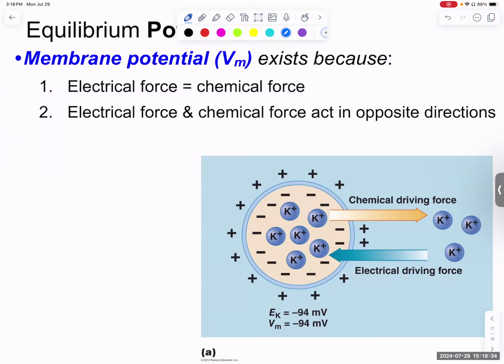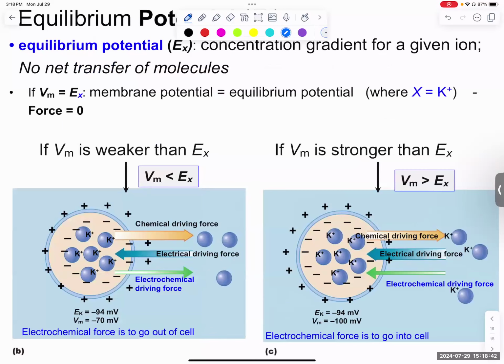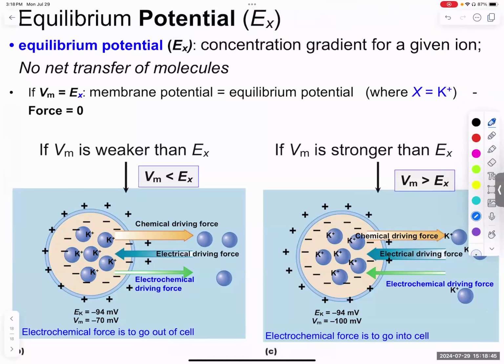So equilibrium potential: a membrane potential exists because electrical forces and chemical forces, for the most part, are in opposite directions. The concentration gradient for a given ion, though, can be opposite. And so this is the reality for potassium in a neuron.